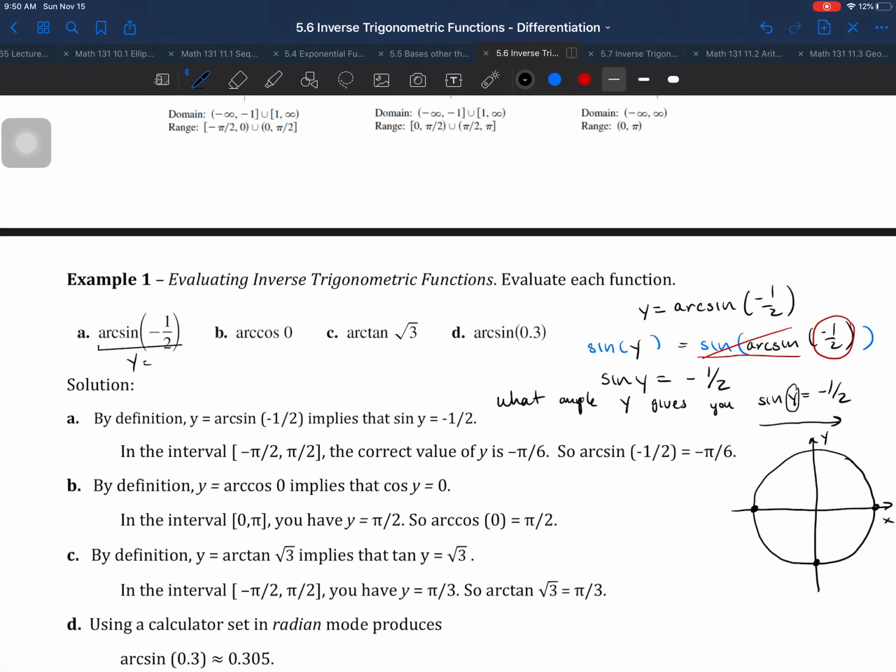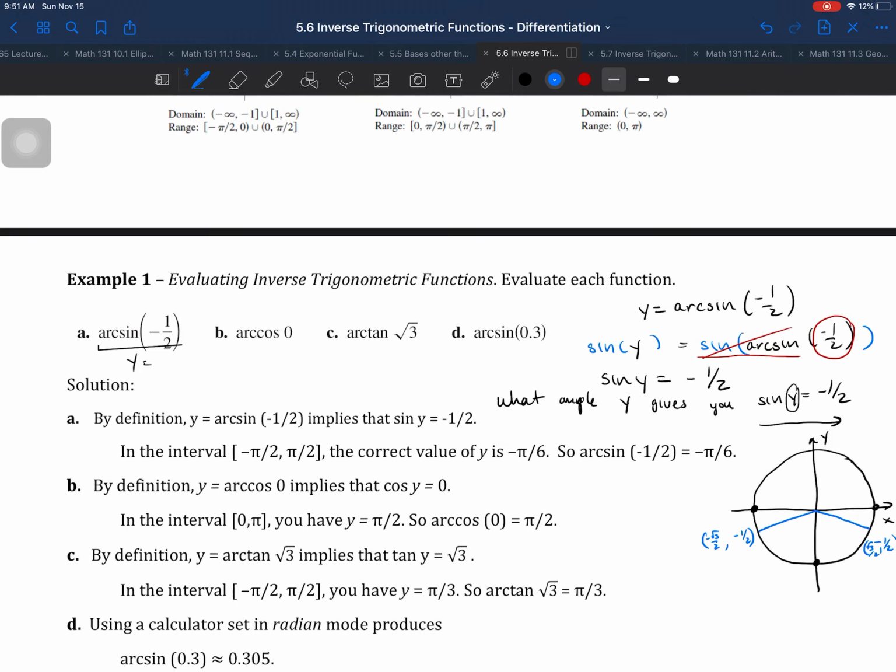So it's going to be here, and there. Here your sine is negative 1/2, and your cosine is negative square root of 3/2, but that's not the point.